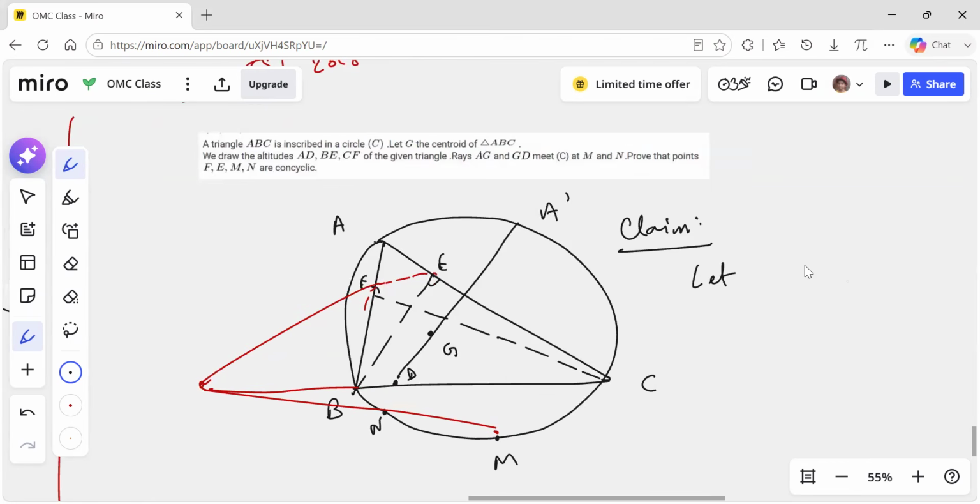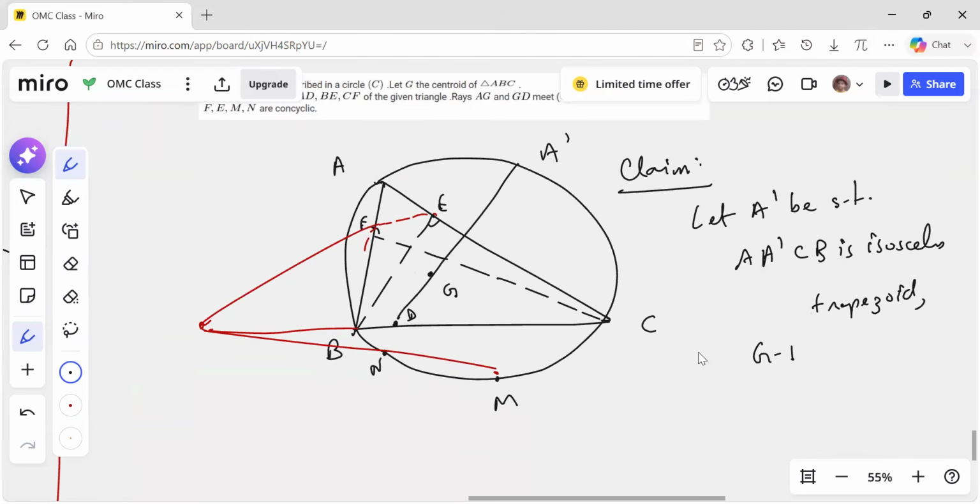Yes, this is a property in itself. So let A dash be such that A dash CB is an isosceles trapezoid. This is just another way of saying that it is a reflection. Then you have D, G, A dash collinear.